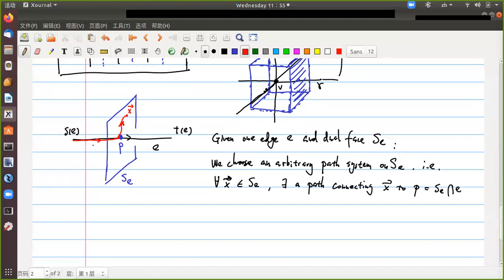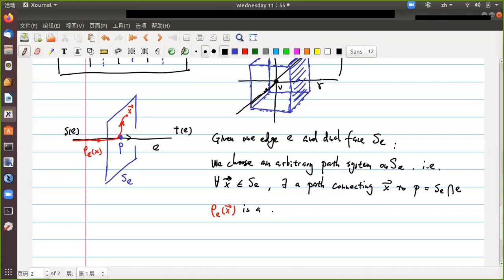Okay, and this red curve is what we call rho_{E,X}. I define this red curve to be rho_{E,X} because it depends on E, since the first part of this curve travels along E, and it also depends on X because the second part travels toward point X.